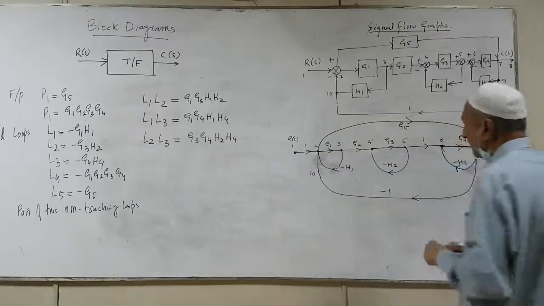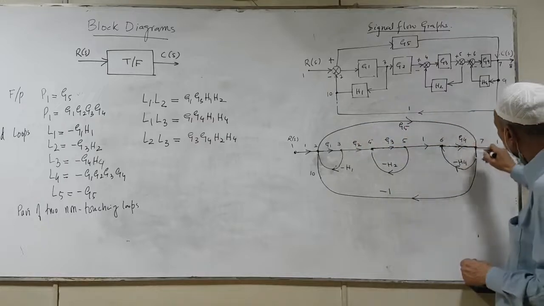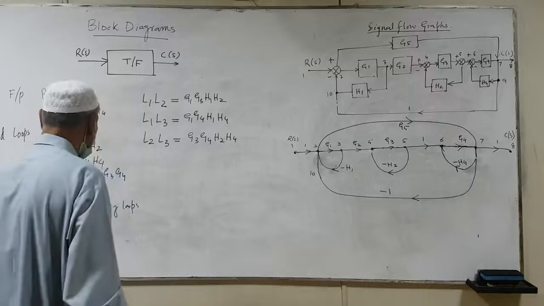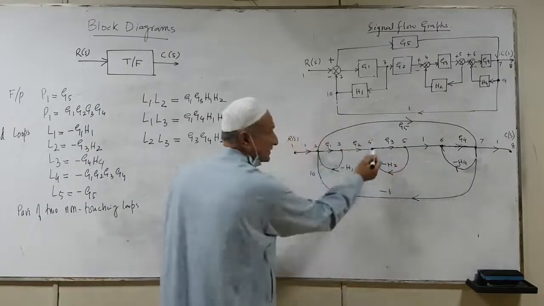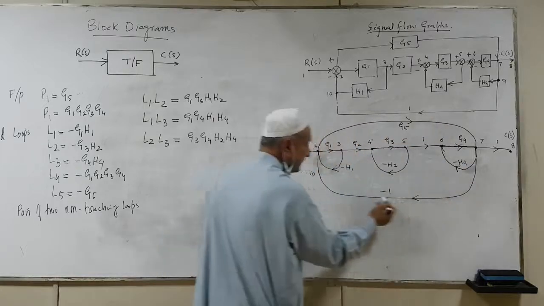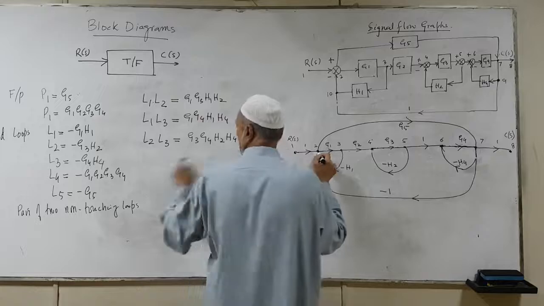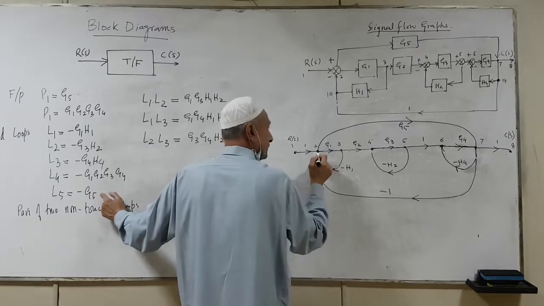And then we have another story. You see this outer big loop which we have formed, that is L5. This one and L2 are non-touching. You see this is an outer loop. Starting from this point, you end up at the same point. This is loop 5, transmittance minus G5, of course.